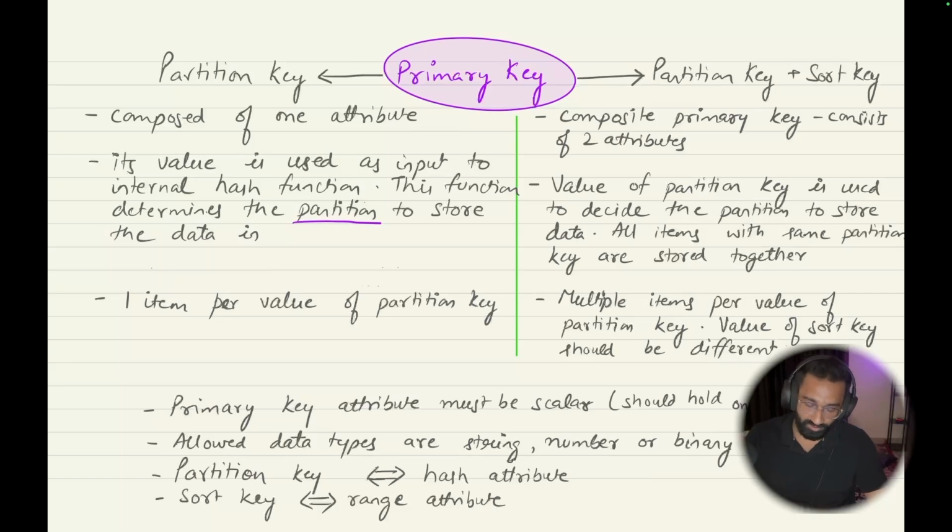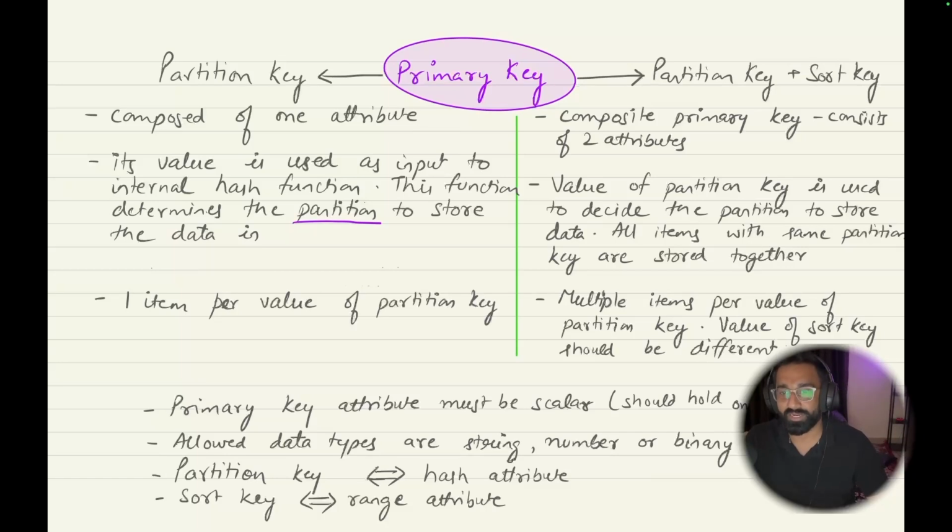Now, explaining a bit further the primary key that is composed of partition key and sort key. The value of the partition key is used to decide the partition where the data should be stored. All the items with the same partition key are stored together. This is common between both cases, nothing unique. It's just that it's a combination when you are using partition key and sort key, and when you are not, it is just the partition key that you use. So you can have multiple items per value of partition key.